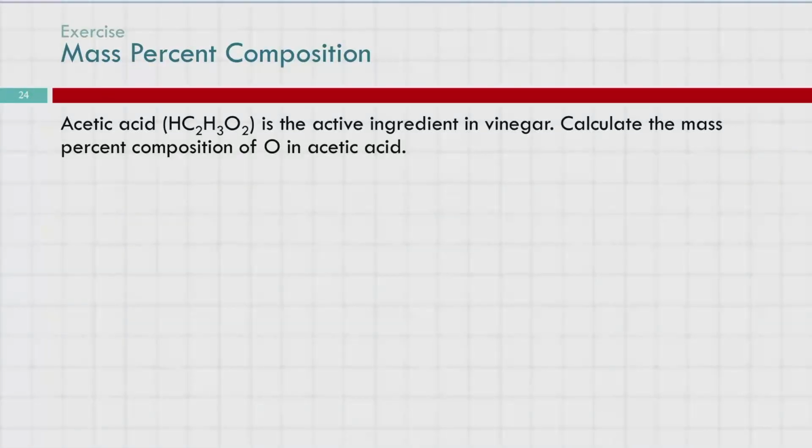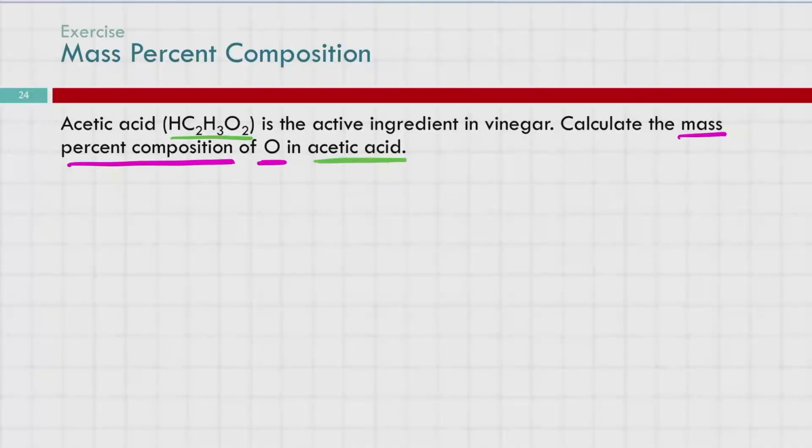Okay, jumping into mass percent composition of oxygen. We want the mass percent composition of oxygen in acetic acid, and we were given that acetic acid is HC2H3O2. One place where we can run into trouble with some of these acids, particularly things like acetic acid, is we've got a hydrogen in front, and we also have 3 hydrogens in the middle.